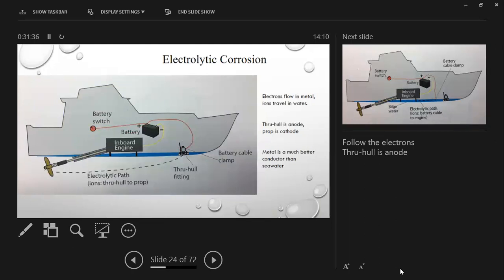So you get hydrogen oxides and metal hydroxides in the electrolyte, but you get the flow of electrons through the metal, and then the ions flow through the electrolyte. This is just like the anode and cathode that we saw, only this is being driven by 12 volts.